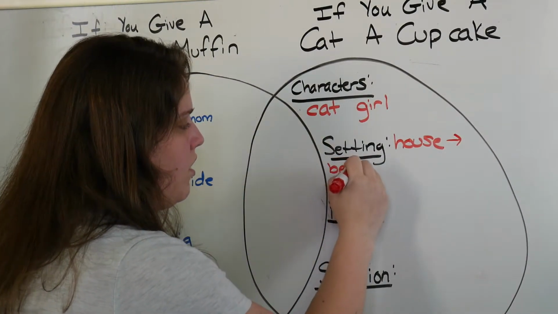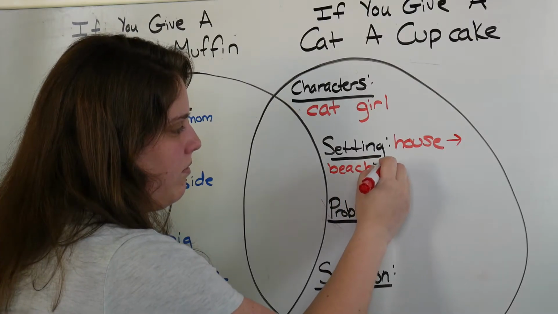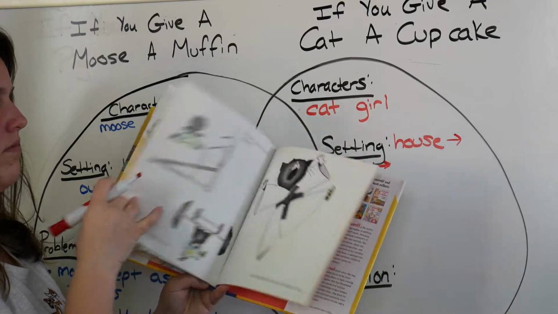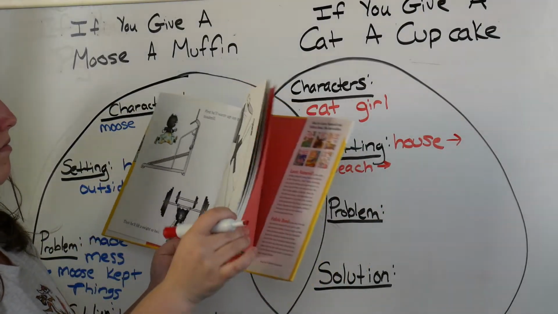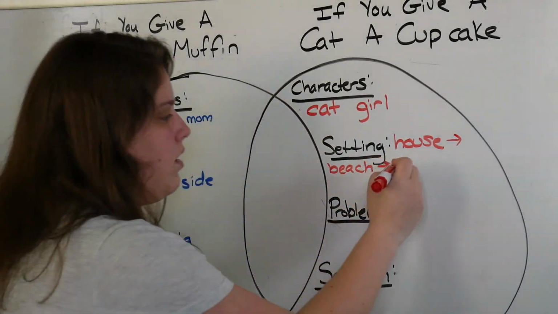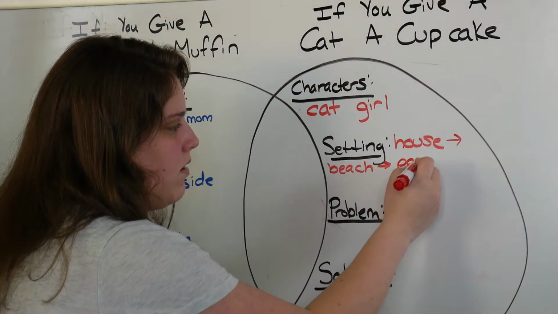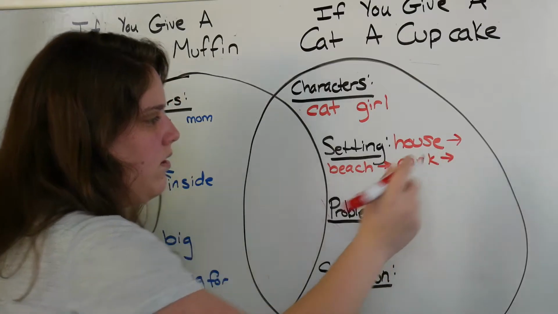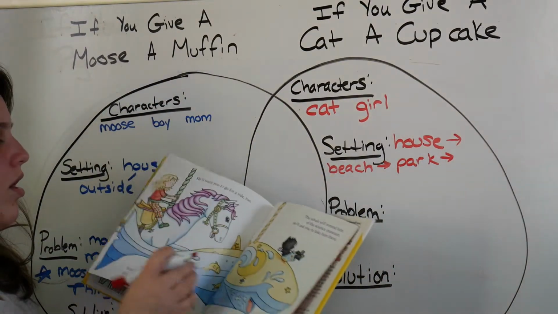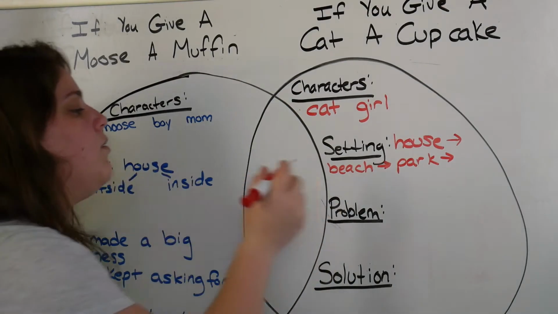They go to the beach. They go to the park. They're at the park. Oh, they're on the merry-go-round.